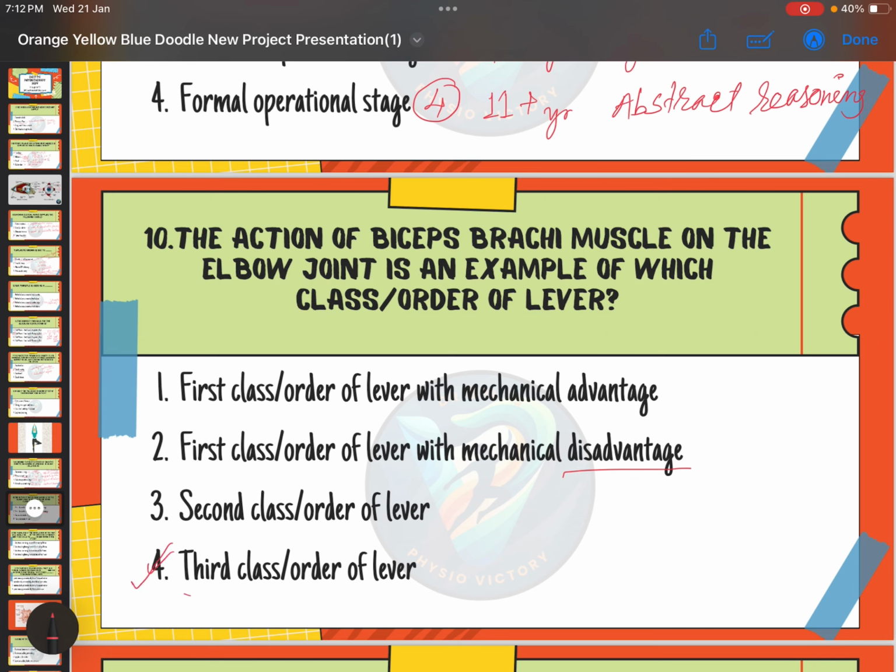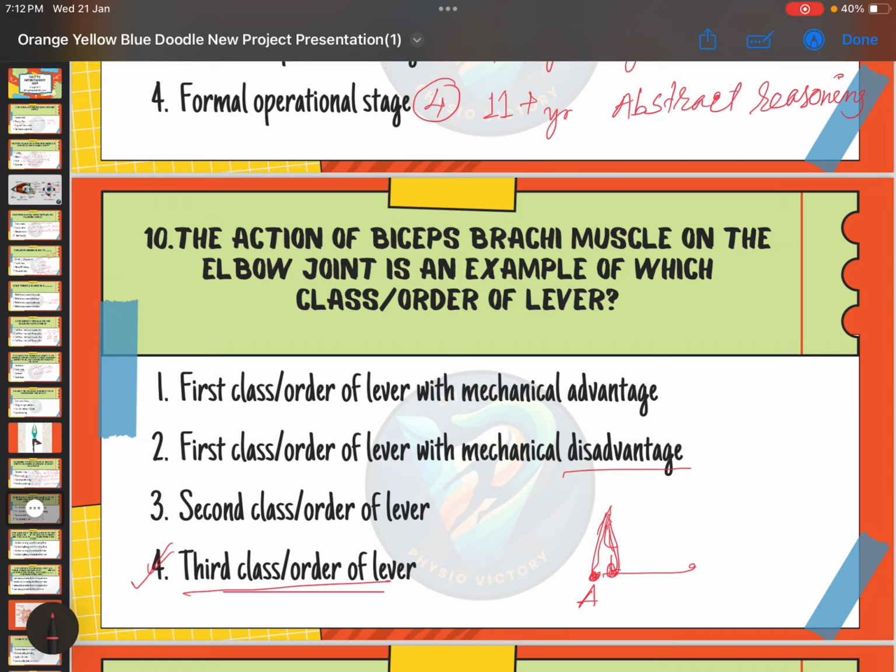Here the correct answer is option 4, third class lever, because in the elbow joint, biceps basically works here.